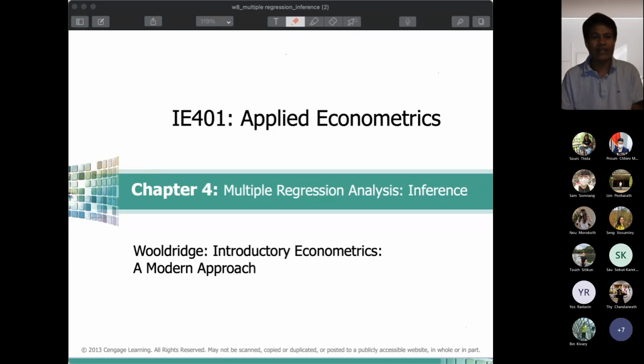As I told you, modern statistical packages such as Stata will automatically drop one variable if there is an issue of perfect collinearity.